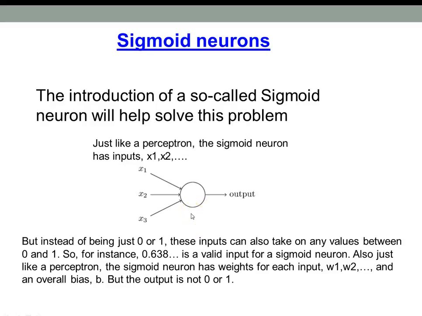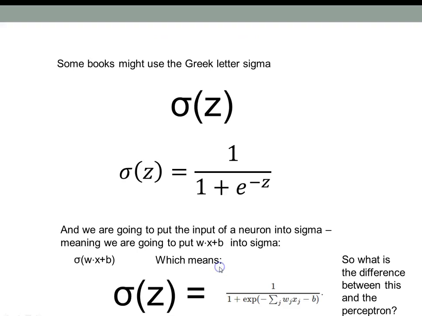And why is that? Why won't it just be 0 or 1 anymore? Because the output is coming from the sigmoid curve, which is not necessarily 0 or 1, right? It can be anything in between 0 and 1, right? Okay, so the output is not just 0 or 1.